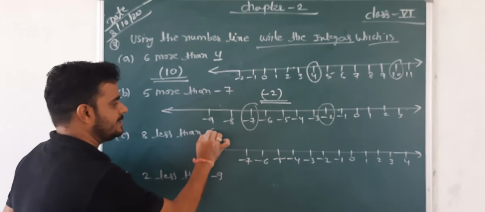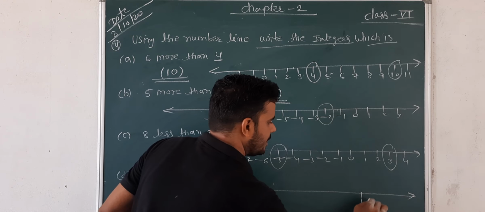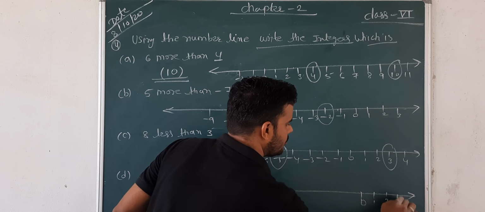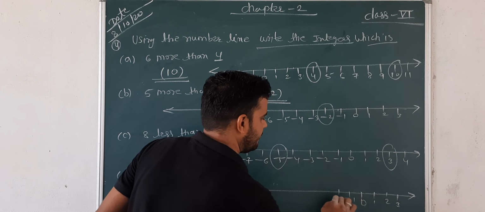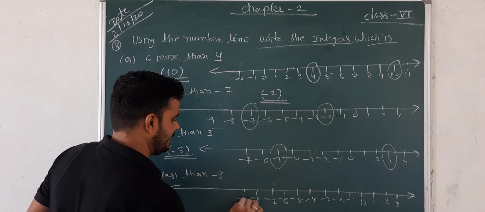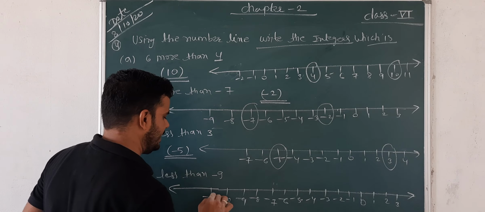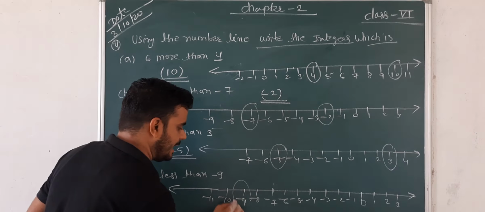Any doubt? Then last, till negative 9 you have to draw. So 0, 1, 2 and 3. Negative 1, negative 2, negative 3, negative 4, negative 5, negative 6, negative 7, negative 8, negative 9, negative 10 and negative 11. You are standing on negative 9.